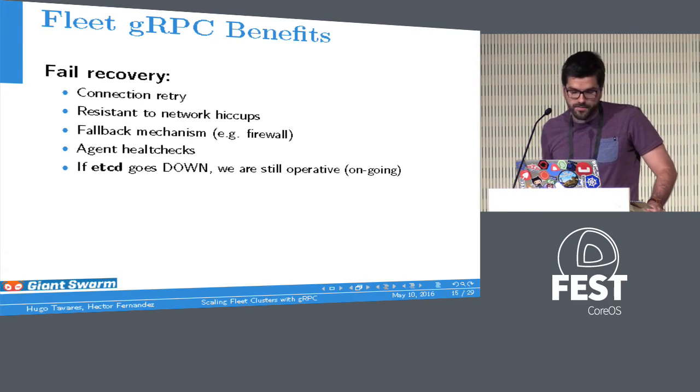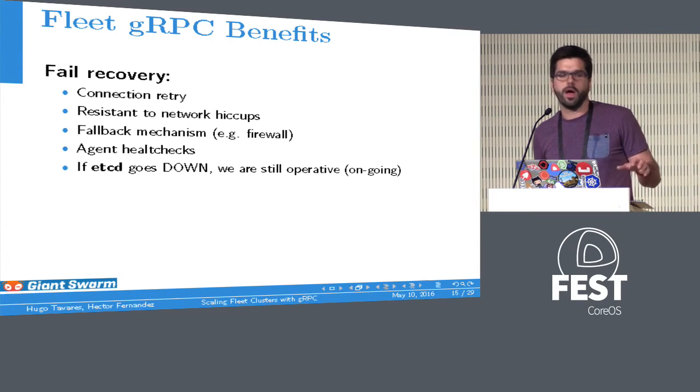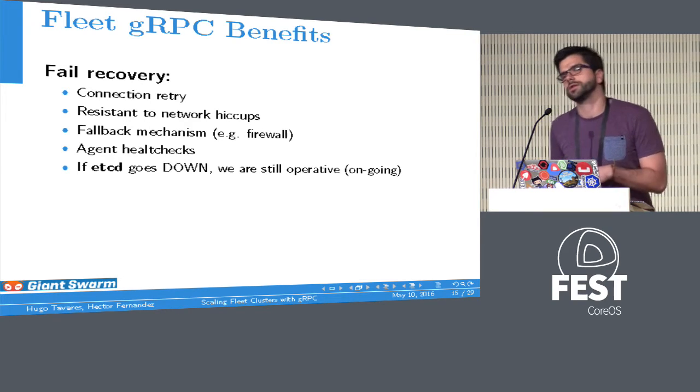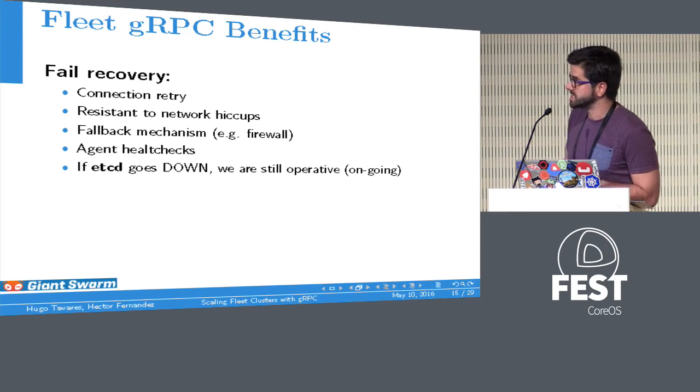We also added a fallback mechanism. If you have an already existing fleet infrastructure, you might not have the gRPC port open. So if we ship this into Korea's version, when you start it, if the port is not enabled, even if you want to use gRPC, it will fall back to the previous version, which uses etcd.